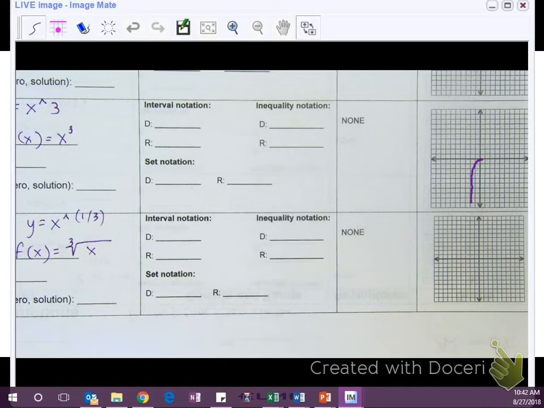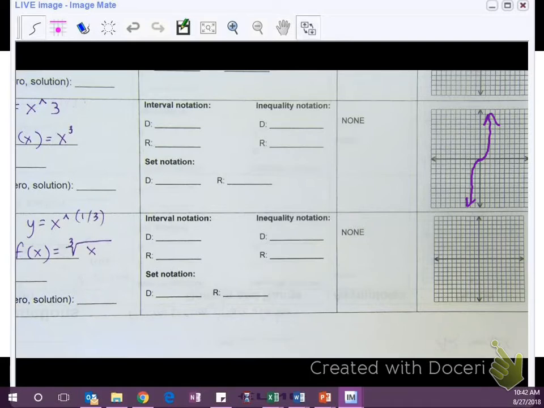It goes this way, and it goes this way. So notice the curvature here looks like a parabola. It starts to go out, and then it doesn't get exactly straight, but it has this curve or this bend to it right at the beginning, and then it just sort of smooths out after that. So this is cubic.